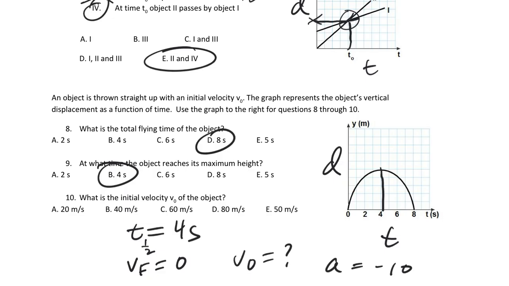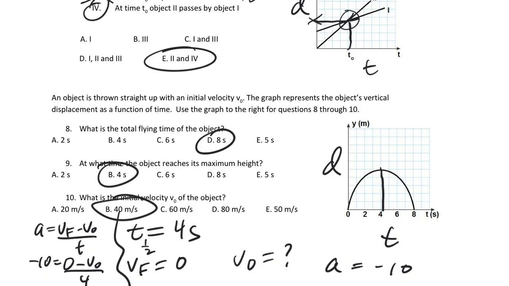I'm assuming I'm on Earth. So A equals VF minus VO over T. So -10 equals 0 minus VO over 4. So VO equals 40 meters per second going upwards.